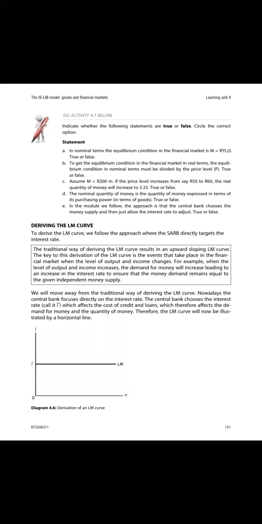So the LM curve is simply put across as a straight horizontal line. Basically, we choose the interest rate that suits us as the Reserve Bank. The South African Reserve Bank directly targets the interest rate.